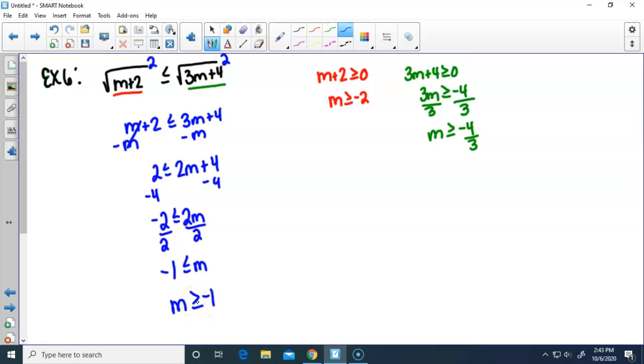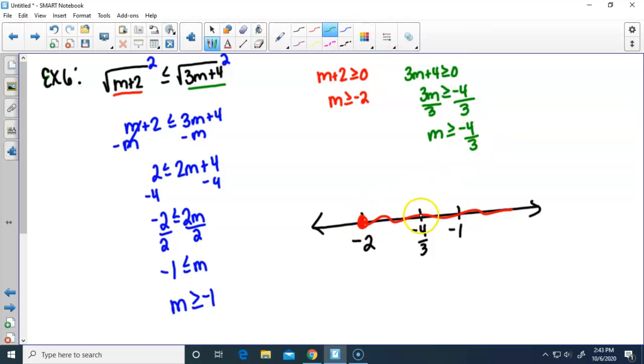So we're going to consider our number line here. Negative 2 would be our lowest number. Negative 4/3 is like negative 1.3 repeating. And then negative 1 would be here. So our domain here: m has to be greater than or equal to negative 2.